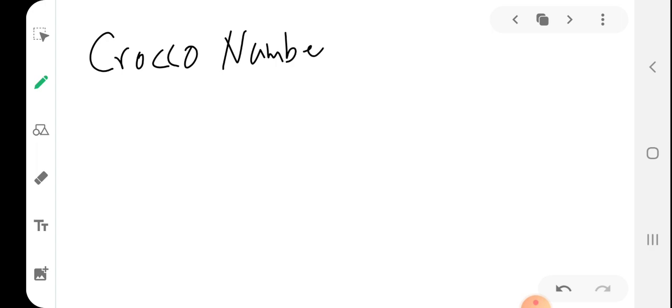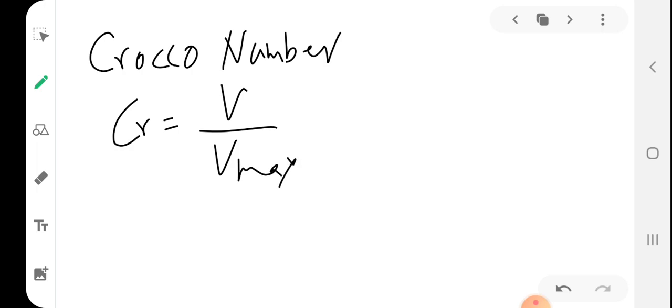Now I will introduce another term called Crocco number. Crocco number is another dimensionless velocity, Cr equal to V by, instead of a or a0 or a star, we use Vmax.